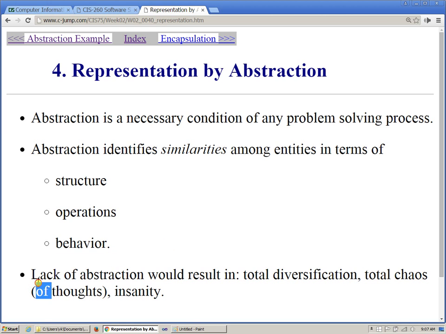So the lack of abstraction could be our own omission, right? So if we misrepresent things, if we make things ineffective, if we just mix up irrelevant things to those entities that we're trying to represent, it kind of leads to a chaotic situation, and basically we put ourselves on the wrong track.